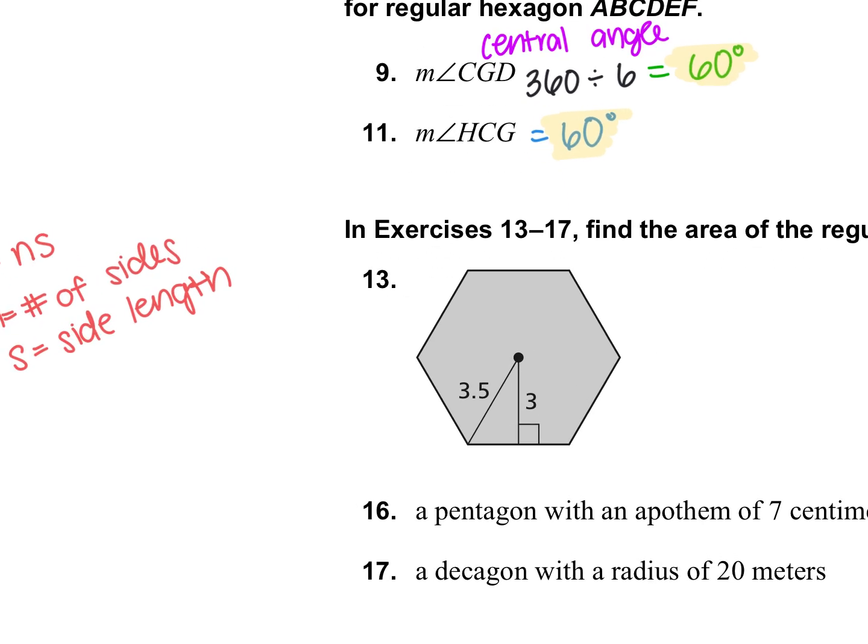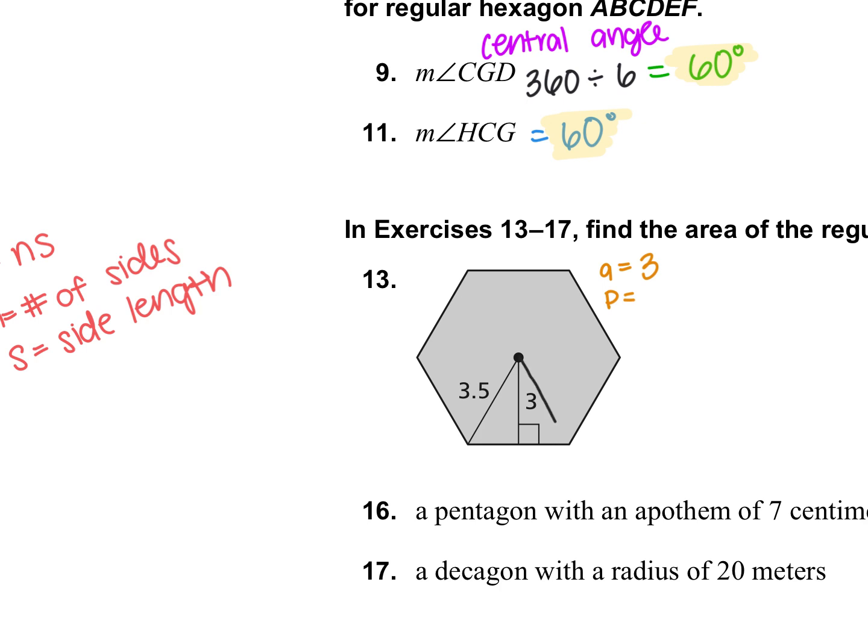So looking at 13, let's label information that we know. Do we know what our apothem is? Good, so I'm going to write up here, lowercase a equals 3. Now I have to find my perimeter. Finding my perimeter, I'm using my rule for special right triangles. First thing I want to find is my central angle.